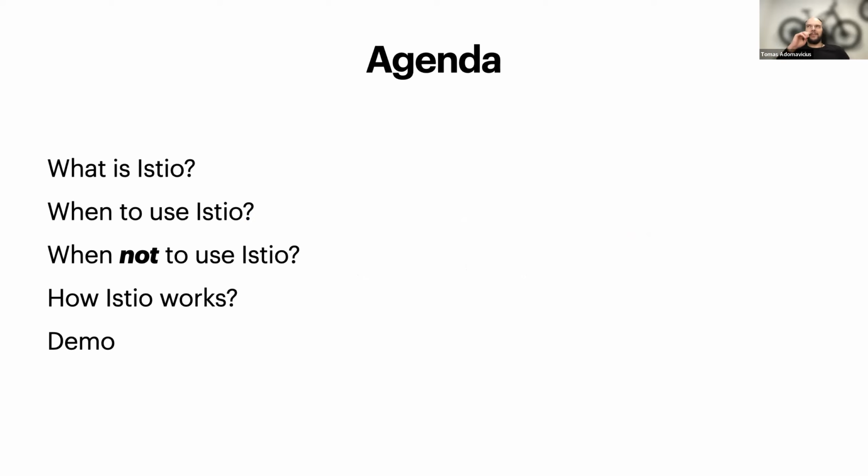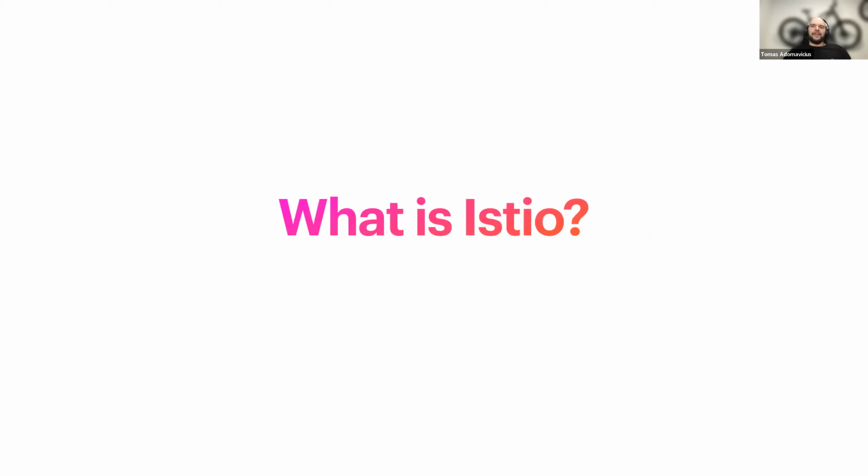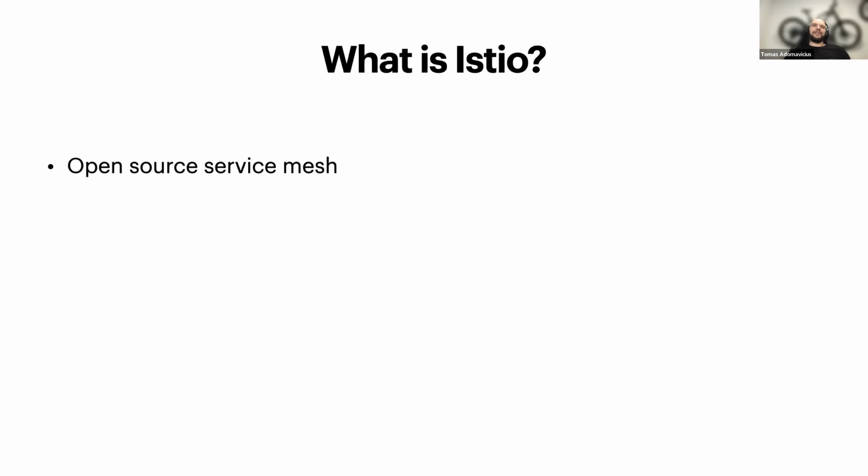So in the demo, I'm not going to cover all the features. I'm going to show just one feature of Istio, just to save time. So what is Istio? It's an open source service mesh. So what is a service mesh? Well, I actually Googled it. What is a service mesh?